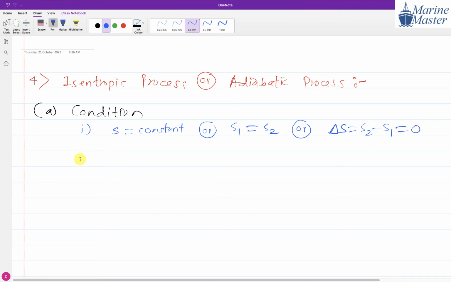And the second condition is what here? Why is entropy constant here? Because heat transfer is 0. Okay, so please write down this condition.